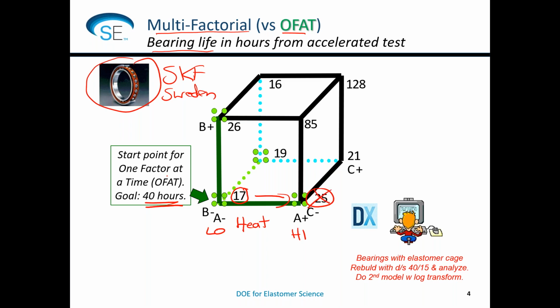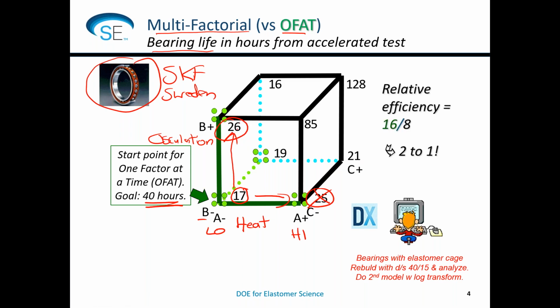Then they turned their attention to a second factor, which is labeled B, and this actually was the oscillation of the bearing, which is the kiss of the bearing to the cage. When they did that, from low to high, they got an increase again, but it wasn't enough to meet the goal. So again, that failed.